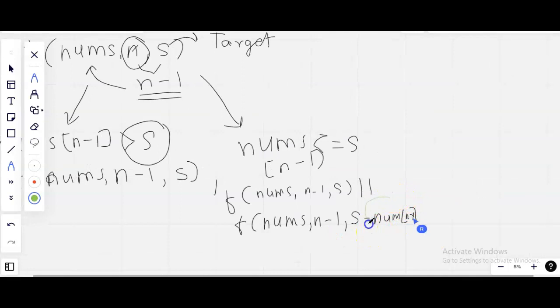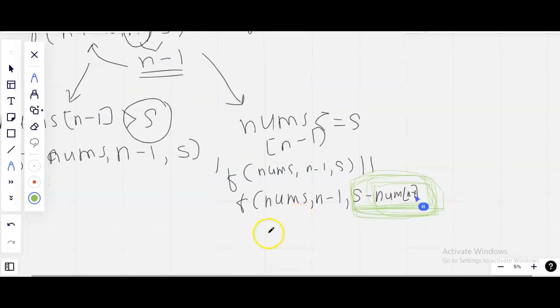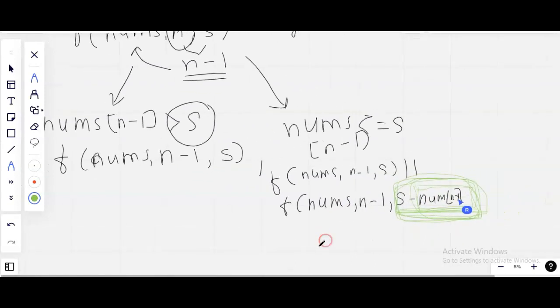We have reduced the target, and in the next function call it will be called on a different target sum, as we have utilized nums of i in our partition. So the remaining value has to be covered from the remaining elements. And what is the remaining value? S minus nums of i minus 1. So that is the basic logic.